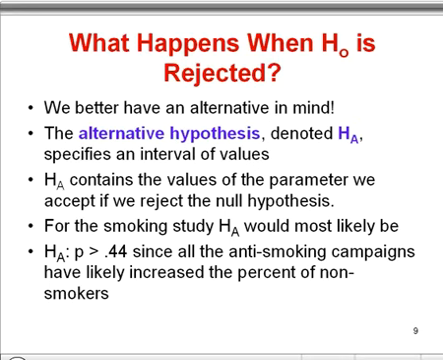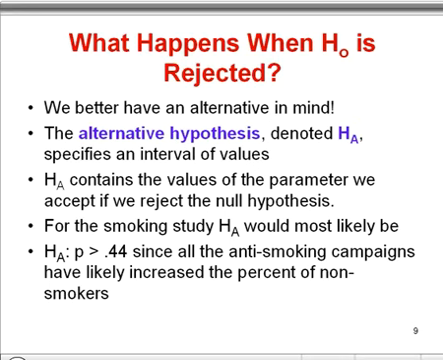Both the null and alternative hypotheses need to be expressed numerically. In this study, the null hypothesis states that the population proportion of non-smokers in 1995 is 44%, and the reasonable alternative is that it has increased and is now greater than 44%.